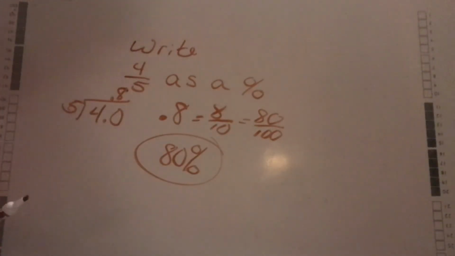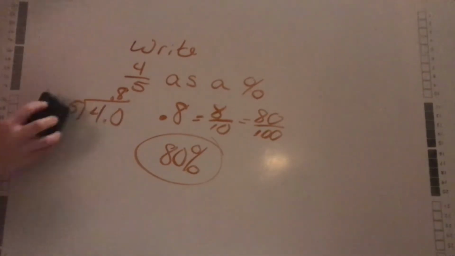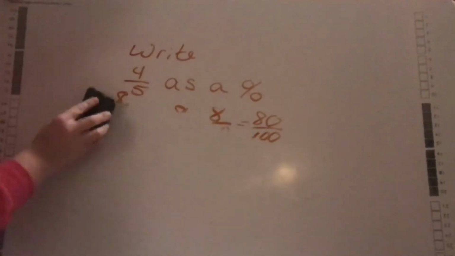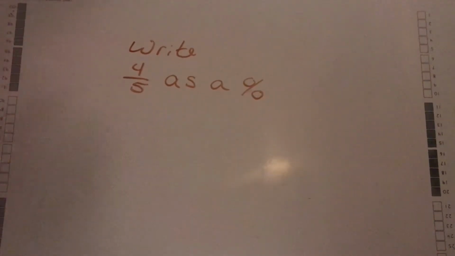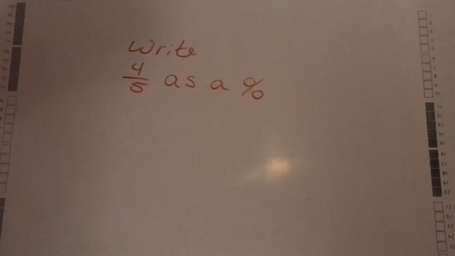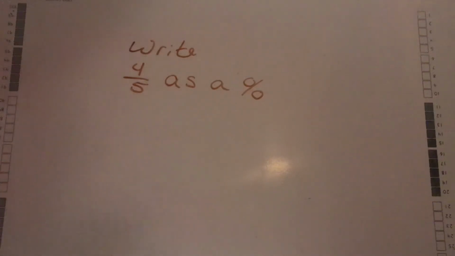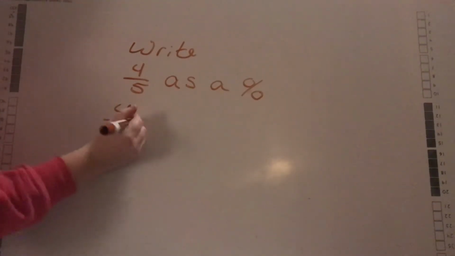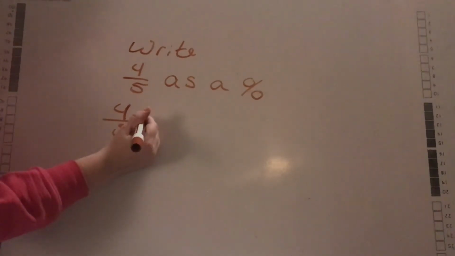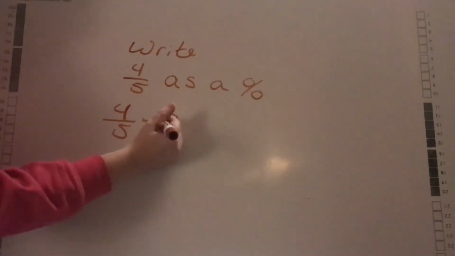Now, we could also do mental math. Mental math, you still have to put this into a decimal format. Oh, what they did for the mental math, I lied, is they multiplied each side by 20.